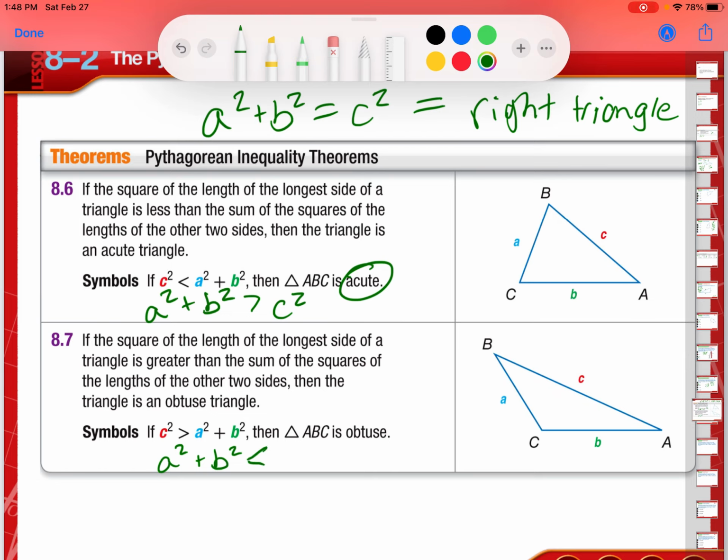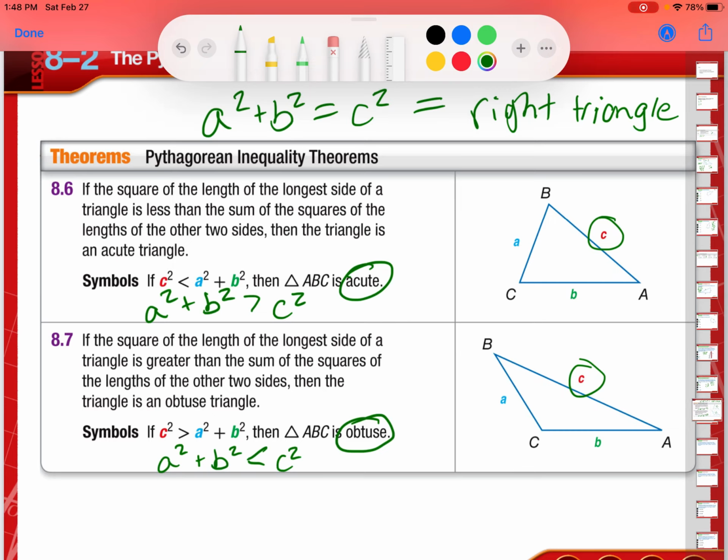And if a squared plus b squared is less than c squared, we have an obtuse triangle. So these are just two inequalities that we can use to determine what type of triangle we're looking at. And the important thing here to remember is that c is always the longest side.